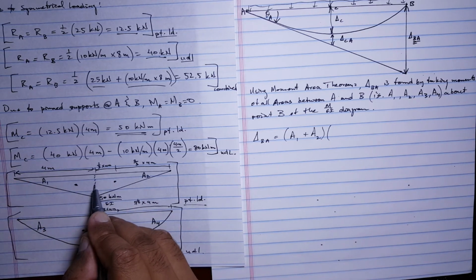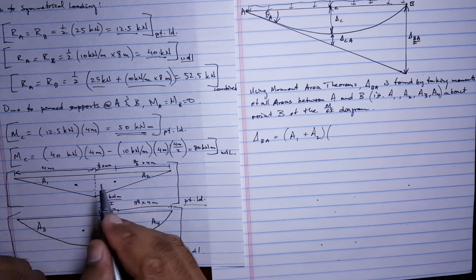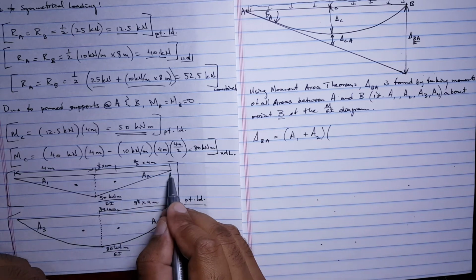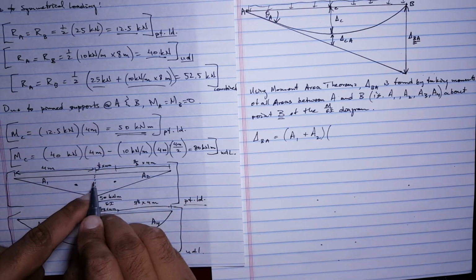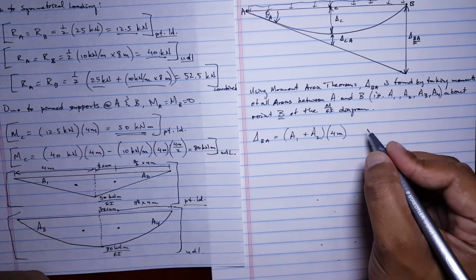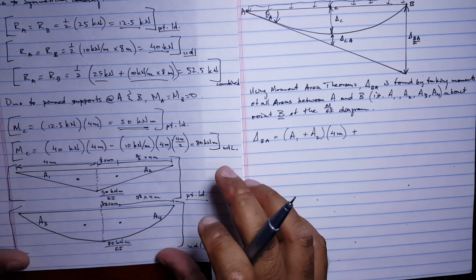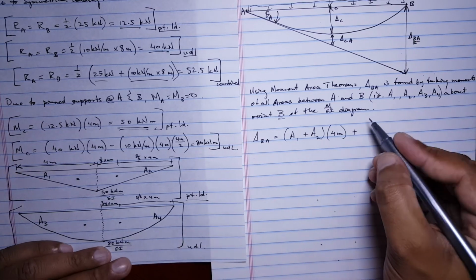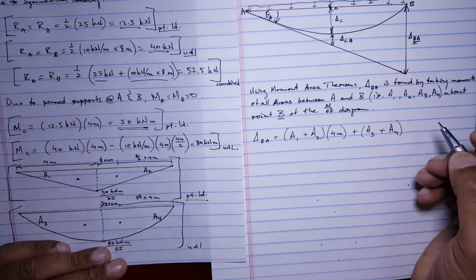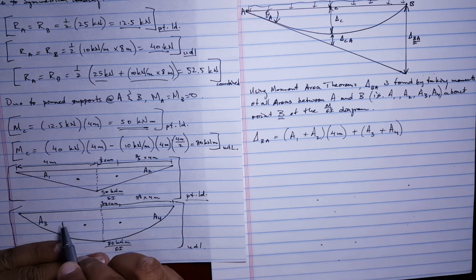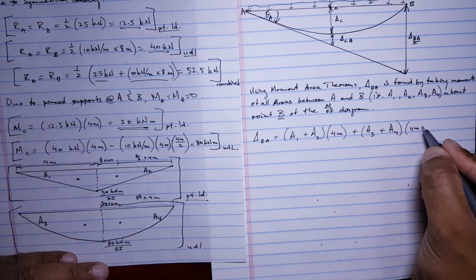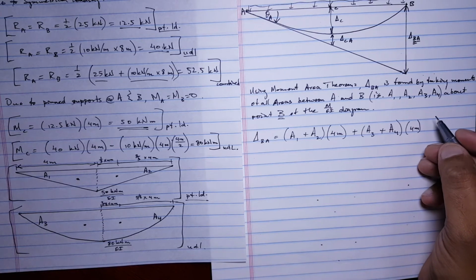The overall centroid is directly in the center. And from point B, this is point B, so the overall centroid is here, point B is here, so that's 4 meters away. So times 4 meters, plus the same thing for the UDL, area 3 plus area 4 together. The overall centroid here is the center line, and the center line to point B is the same 4 meters. So in fact we can factor out the 4 meters.